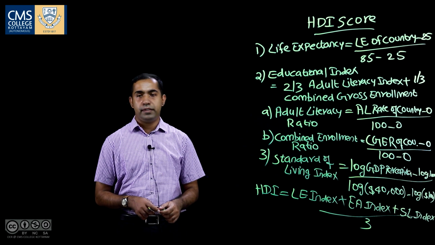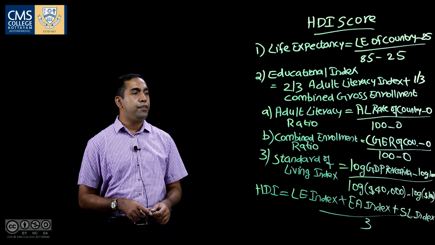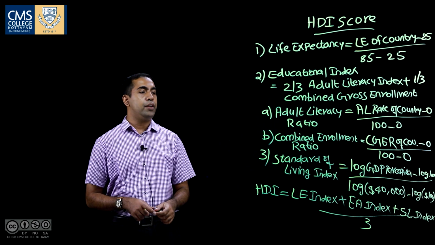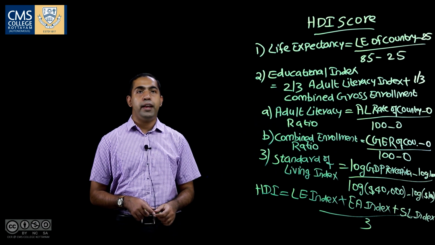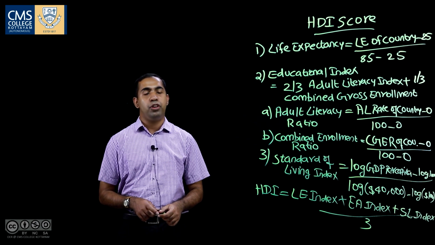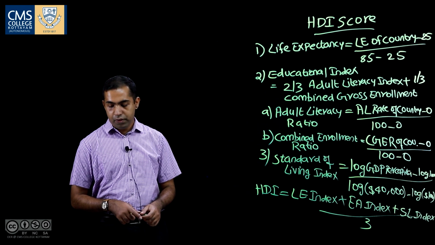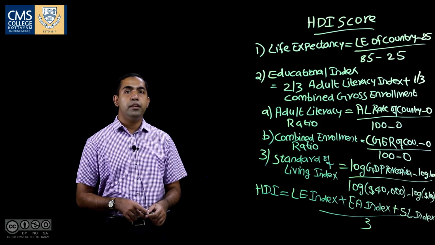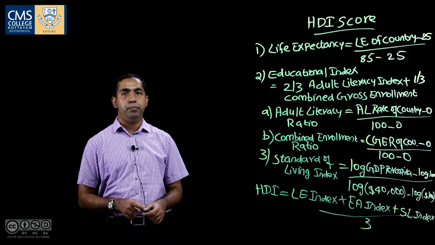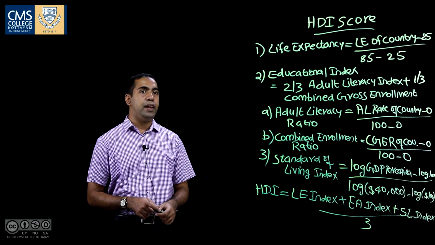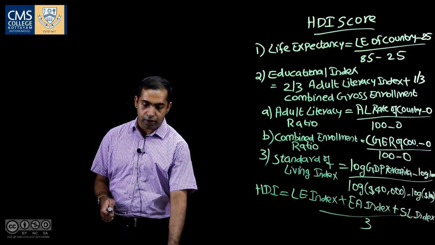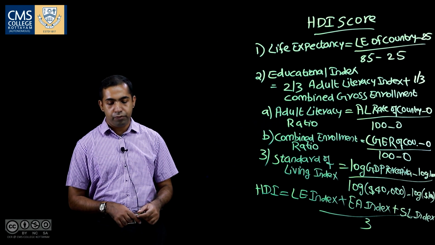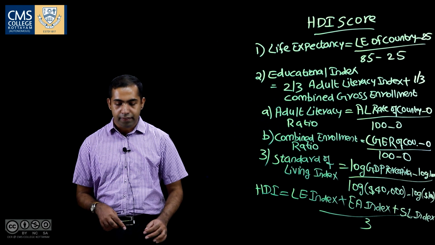There is a concern of educational attainment index including adult literacy and combined enrollment ratio and the life expectancy. These are all social indicators. Next, it portrays the wide disparities that exist between the developed countries and less developed countries. So, these three are the main advantages of the human development index.